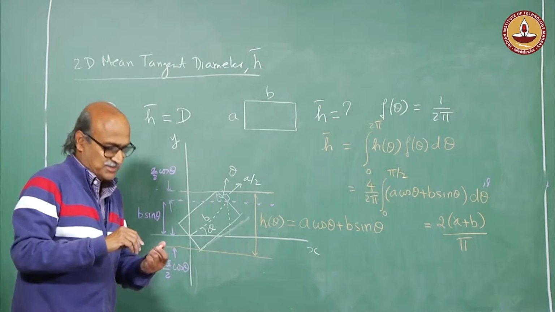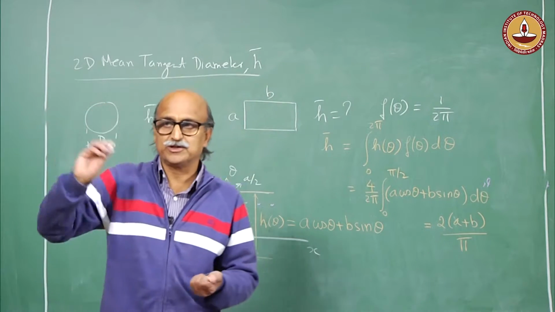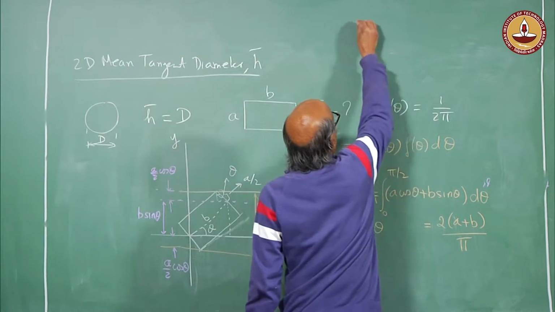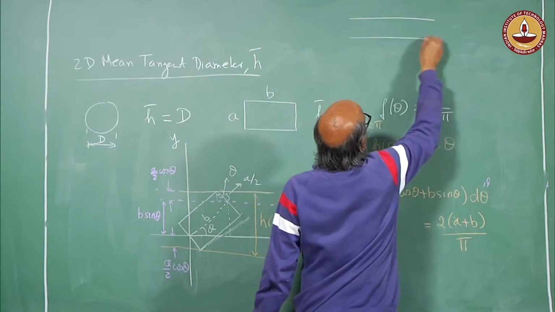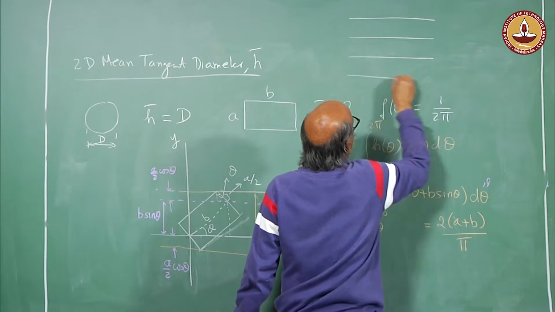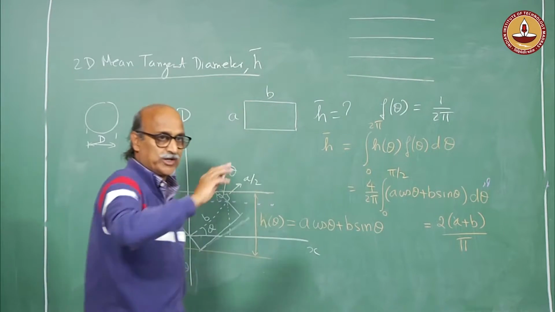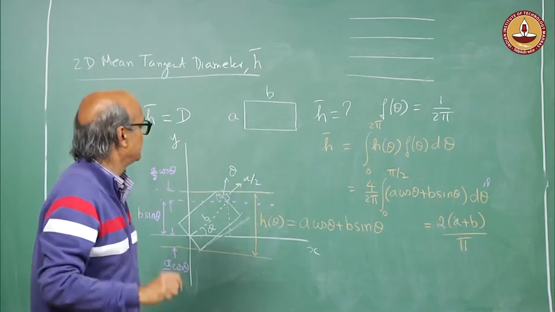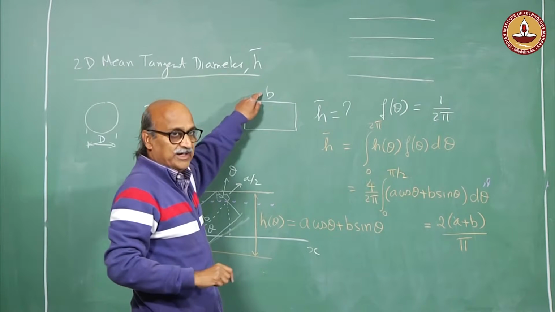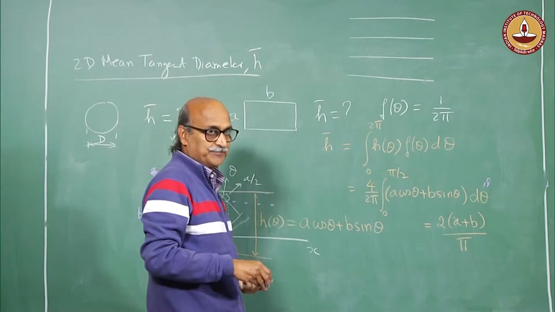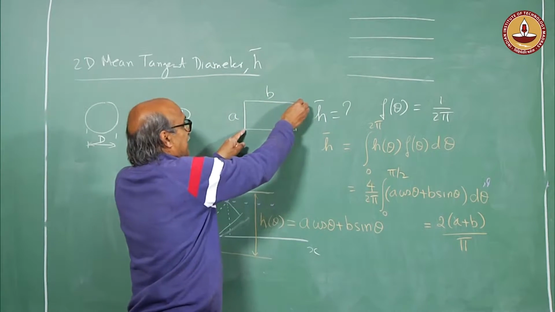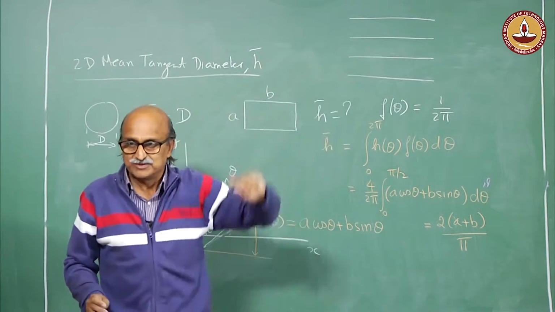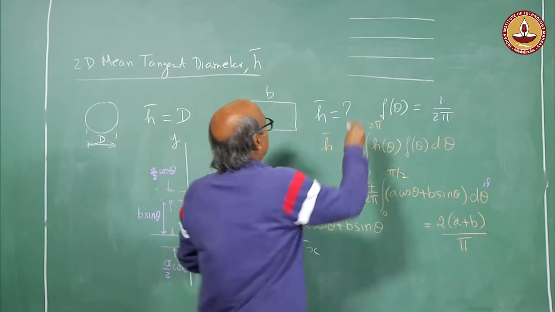Now, just think, let us go back to the Buffon's needle problem. Instead of throwing a needle, I throw these rectangular objects of size a by b, such that the diagonal, which is the maximum length of that object, is less than the spacing between these lines t.